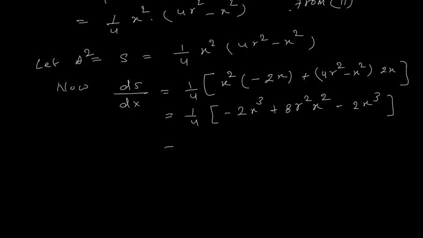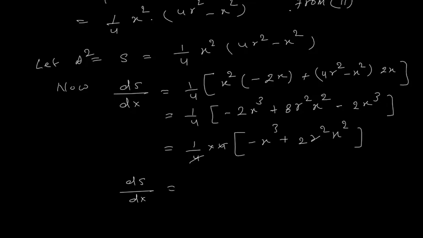So here it is 1 upon 4, I will take that 4 common. So here it is minus x cube plus 2r square into x. This 4 will cancel. So I have ds upon dx as minus x cube plus 2r square x.